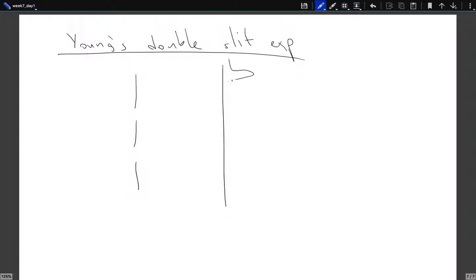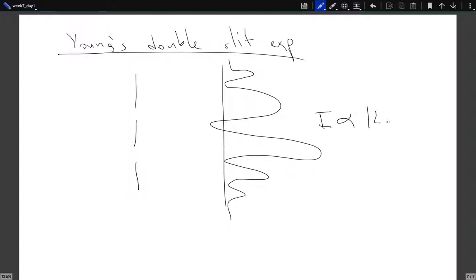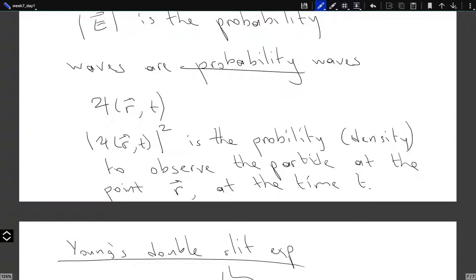On the screen we have these interference fringes, and here the intensity is proportional to the electric field vector squared, the magnitude squared. Now, in the case of the electron, we don't define a vector. It's just some number. Well, not exactly a number, but for the time being, let's treat it as if it's just a number. But the concept is important over here.